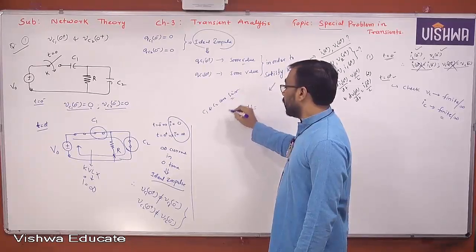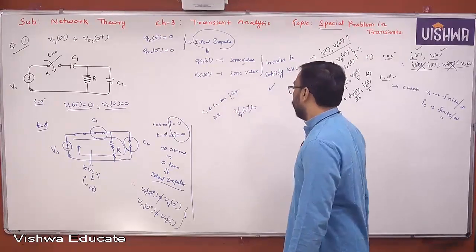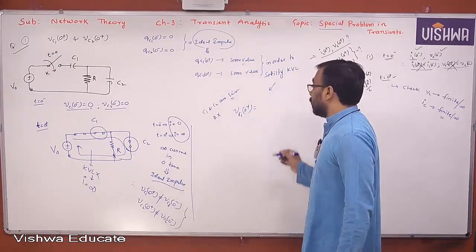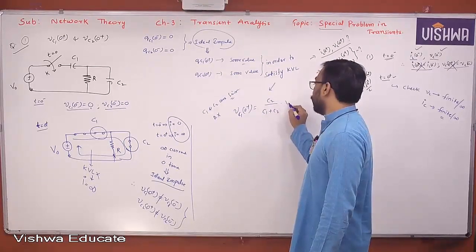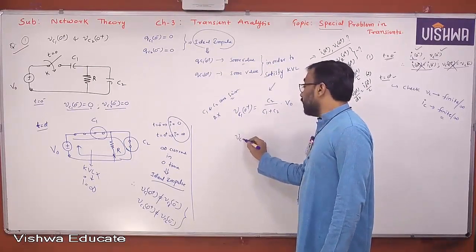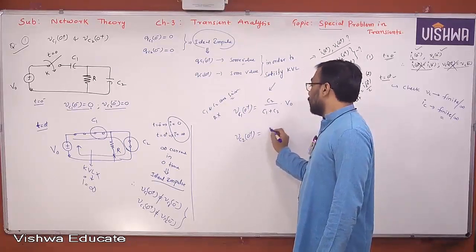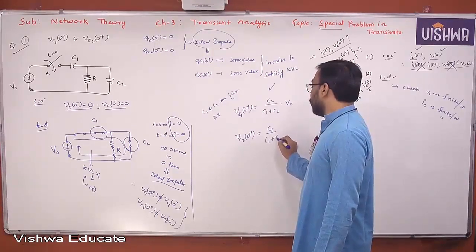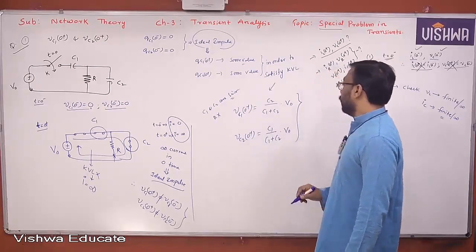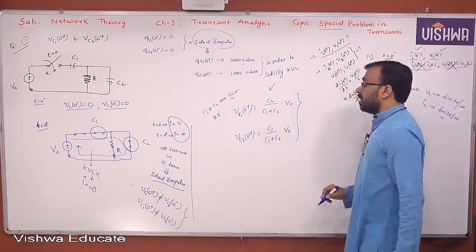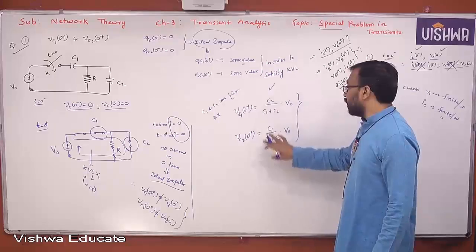They are in series because R is neglected. So VC1 of 0 plus is equal to C2 by C1 plus C2 into V0. And VC2 of 0 plus is C1 by C1 plus C2 into V0. That's how you get the VC1 of 0 plus and VC2 of 0 plus values.